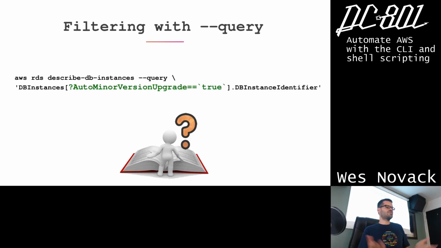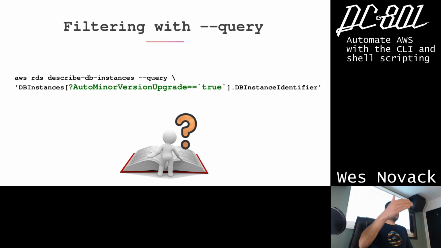Okay, so you can also do filtering with query. You've got --filter, and remember, filter doesn't always support all of the pieces of metadata that you might want to filter on, but thankfully you can also filter with query, because filtering is part of the JMESPath query language. In the example up here, I'm doing an aws rds describe-db-instances subcommand, and then I'm doing a query, and in the green, as you can see on the slide, I'm filtering on any instance that has AutoMinorVersionUpgrade equal to true.